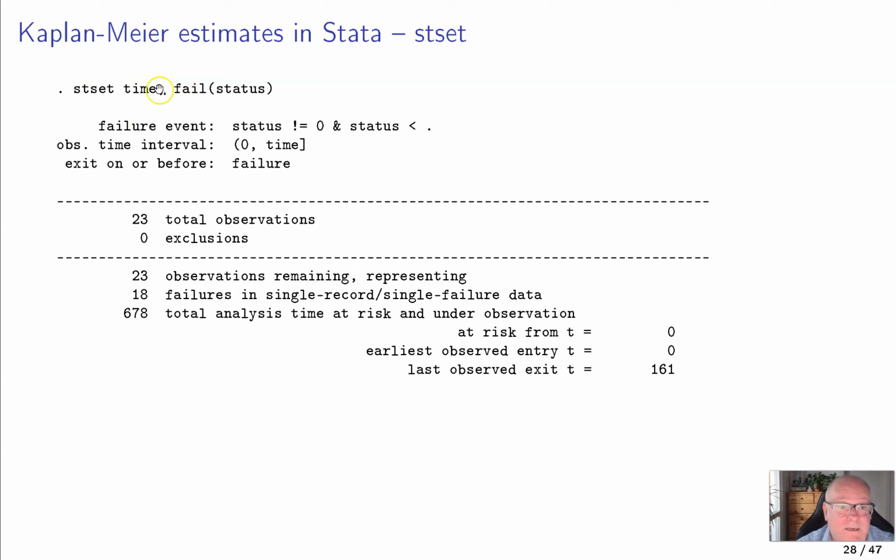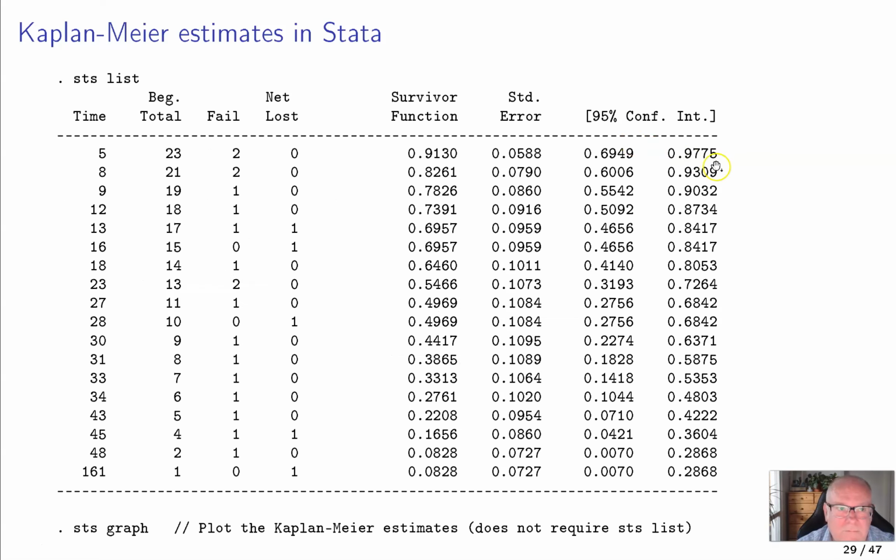So stset is the time dimension and here's the event dimension. Then when we want to do Kaplan-Meier estimates, we don't have to tell the software the outcome again. We just say STS list, and it will give us the Kaplan-Meier estimates, or STS graph.